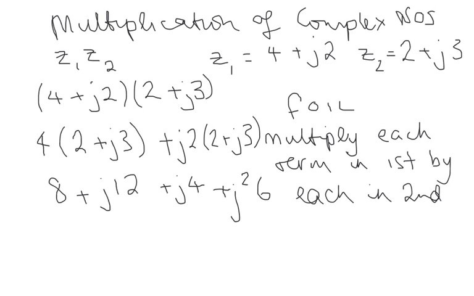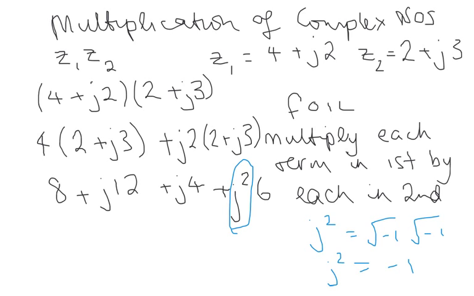Now when we get to this stage, we have to remember that j squared is the square root of -1 multiplied by the square root of -1, because it's j times j. So in the end, j squared is actually equal to -1.